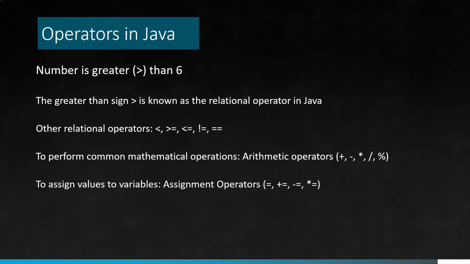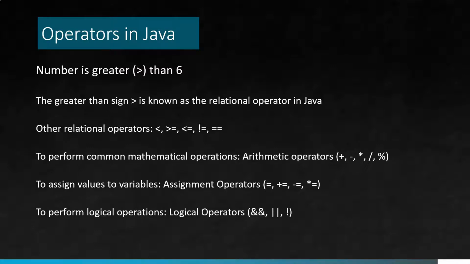We have already seen an equals to operator where you can assign a value to a particular variable using the equals to sign. So that is an assignment operator, which means you are assigning some value to a particular variable. Okay, so there are other operators like plus equals, minus equals, multiplication equals, division equals, and there are others.